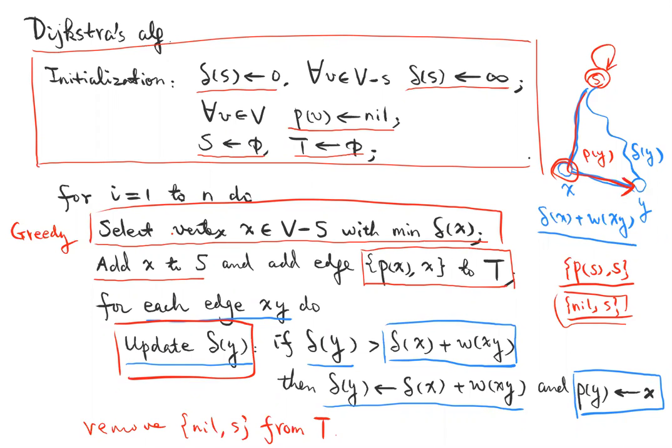Now, in order to implement this very quickly, a couple of things we need to notice. We need to choose a minimum element. Secondly, the key value may change.